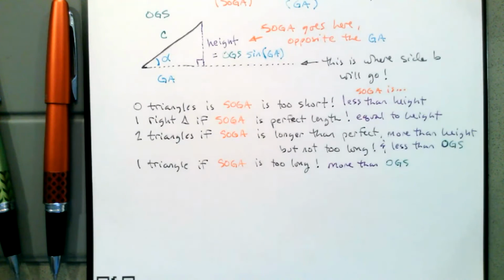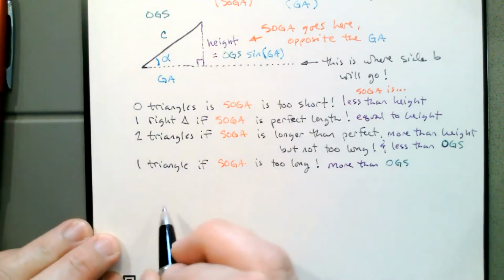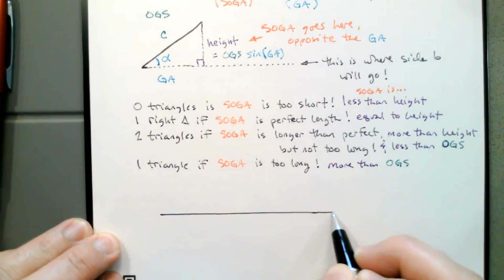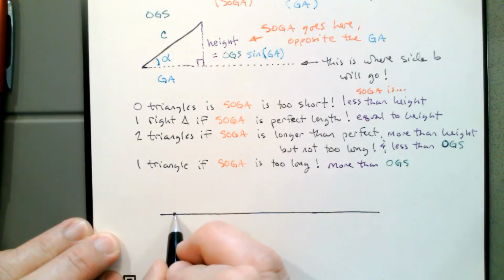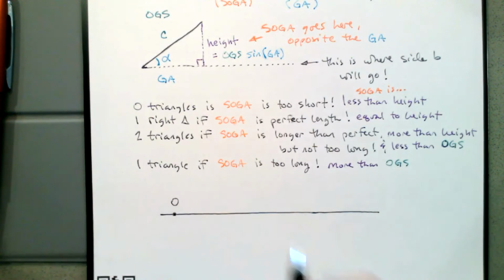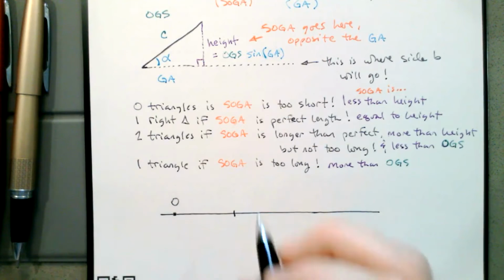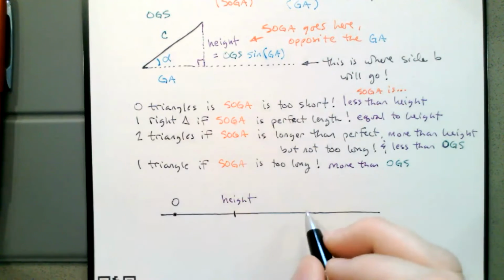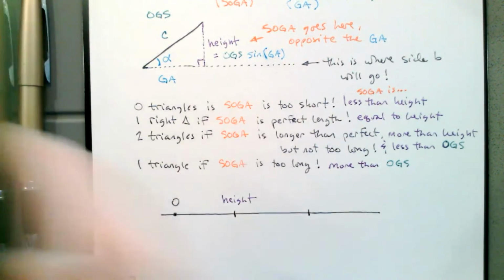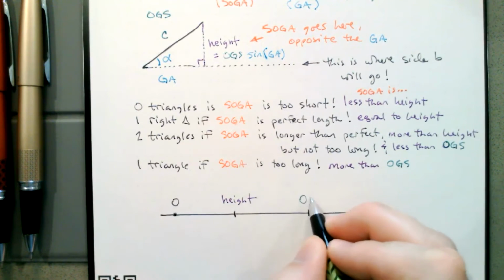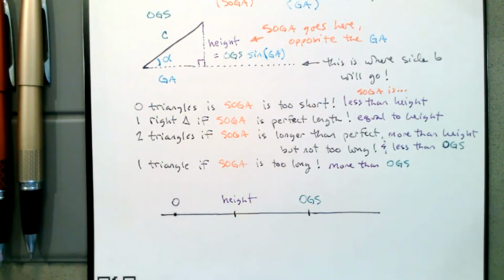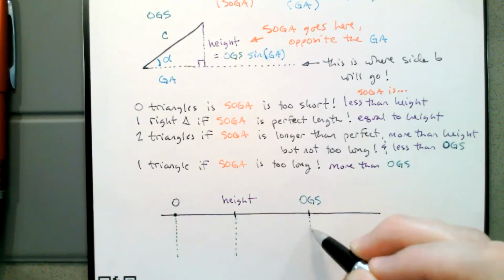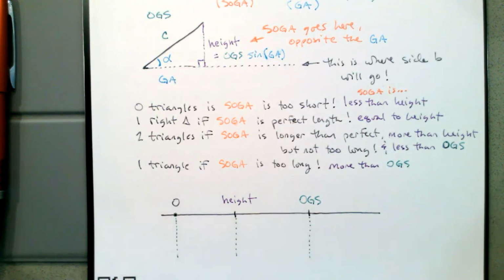If you imagine, if we line all these things up, if we put a number line, we're going to have down here a 0. We're going to have up here the height of the triangle, and then up here we'll have the length of the other given side. This divides the number line up into these three regions.